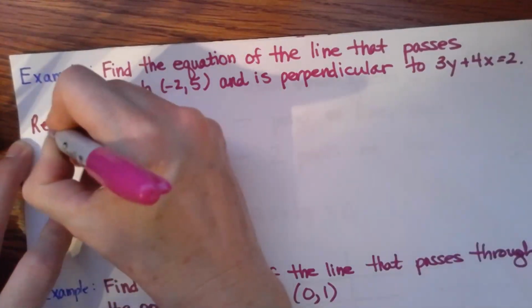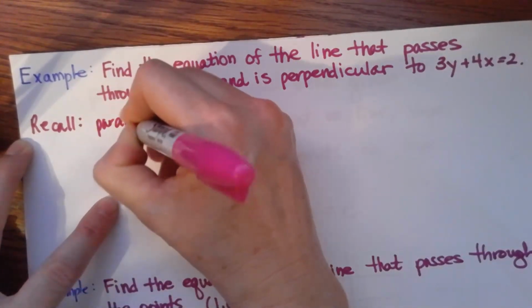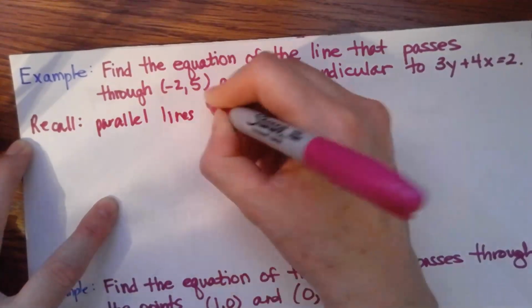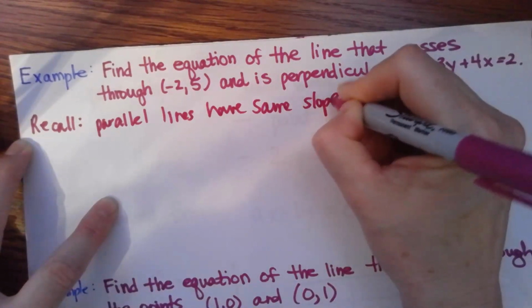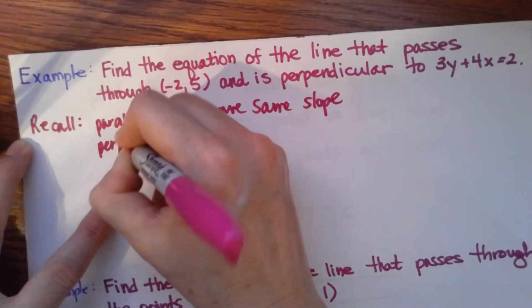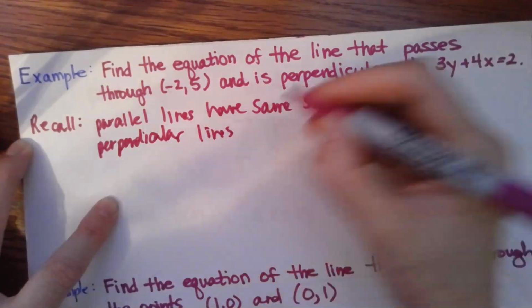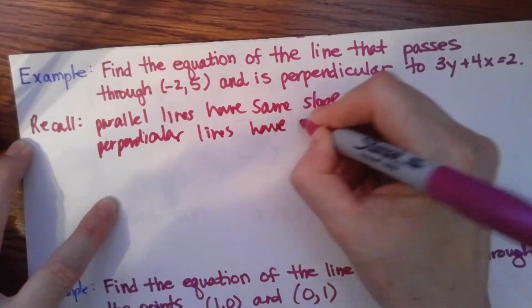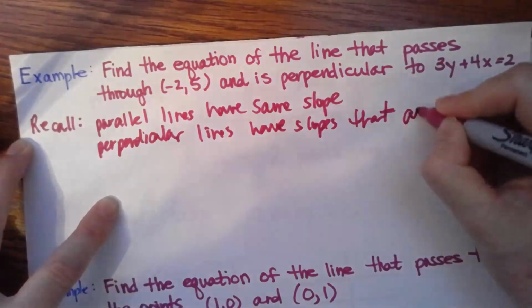So let's write that down. So recall, parallel lines have the same slope, and perpendicular lines have slopes that are opposite reciprocals.